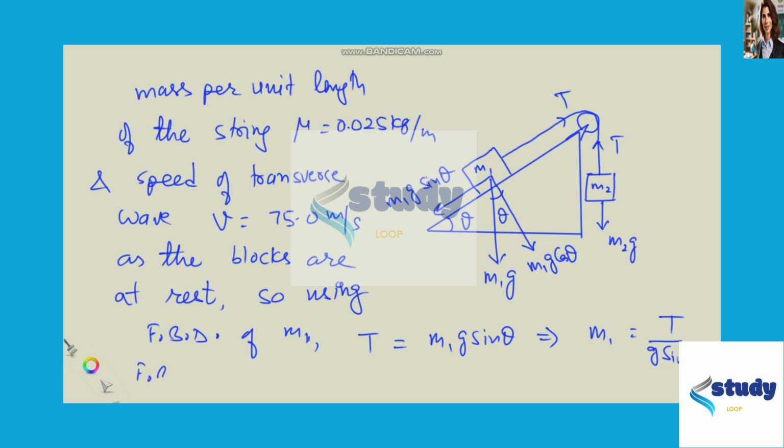And then using FBD of the block of mass m2, for it tension T is m2g, so m2 may be given as T by g.